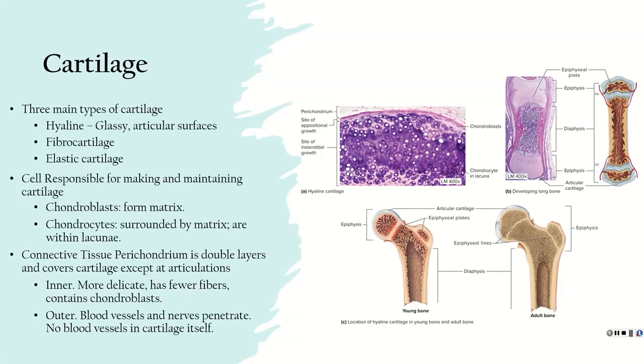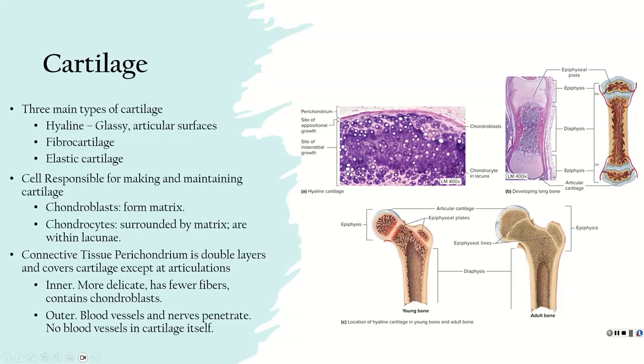There's the connective tissue perichondrium, which has multiple layers to it. The main 2 layers that we'll see here is that there's going to be an inner and an outer layer on these cartilage tissues. One is where you will have soft, more delicate, easily broken protein fibers where the chondroblasts will be residing on the surface, right?